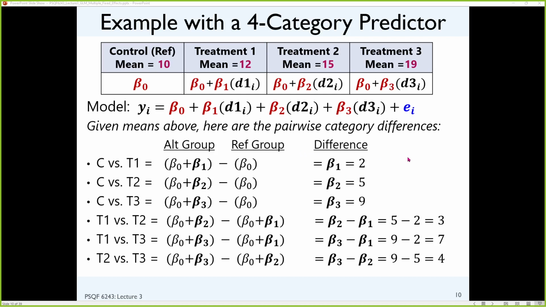So let's say that I put my 4-category predictor into a model, and the residuals get smaller. You had a question on your homework about this last time, the idea of the residuals shrinking. Now, do I know, based on the results of just each of these differences, which set of group differences is responsible for shrinking my residuals? I don't.